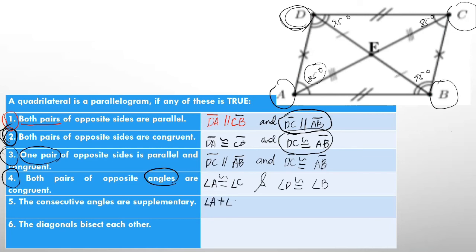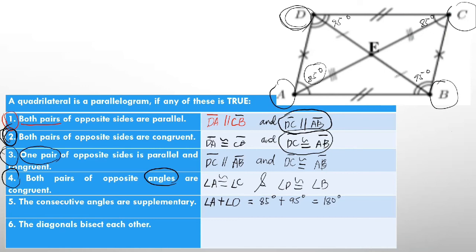So, yung angle A natin is 85 degrees plus 95 degrees. It is equal to 180 degrees. And based on the definition of supplementary, it must be equal to 180 degrees. Therefore, the sum of angle A and angle D is supplementary.